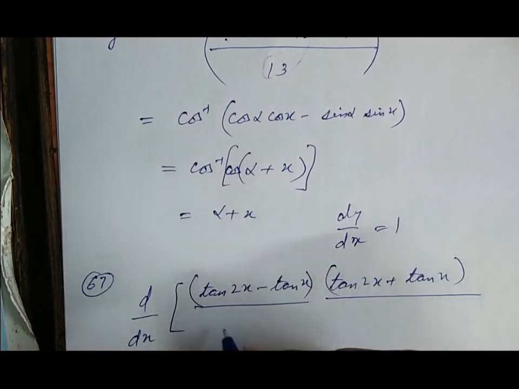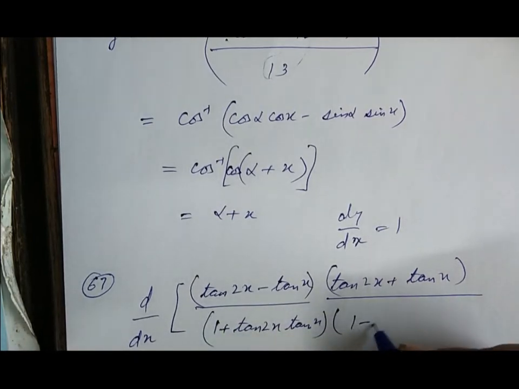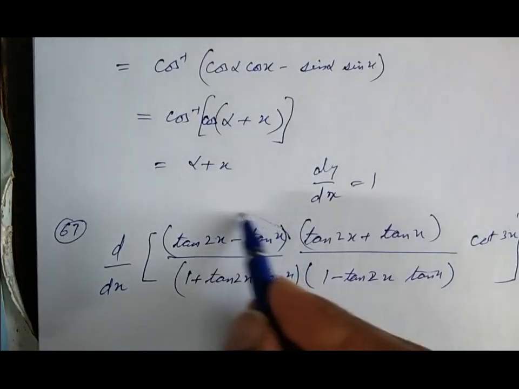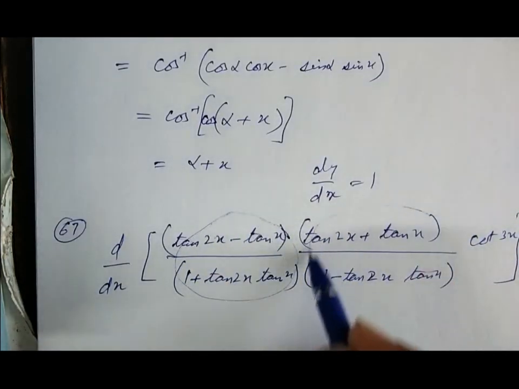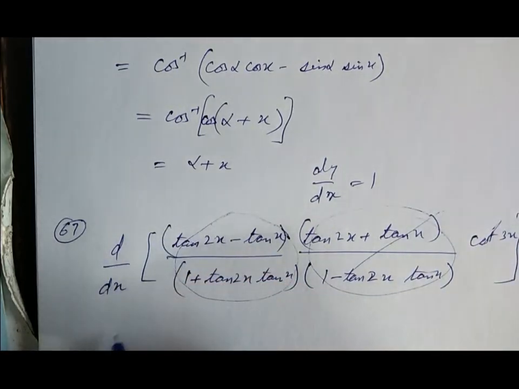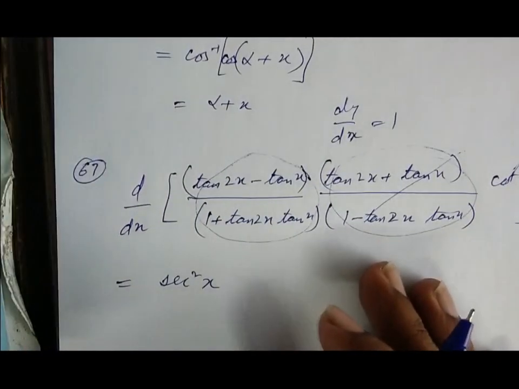The denominator would be (1 plus tan 2x tan x) and (1 minus tan 2x tan x) cot 3x. So this is tan x, this is tan 3x, which would cancel out. So the differentiation of tan x would be sec square x.